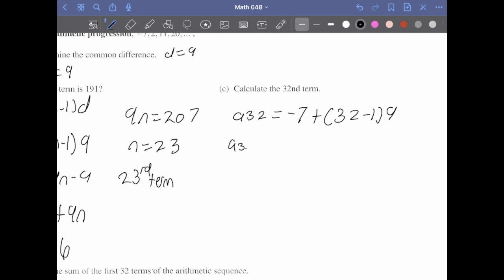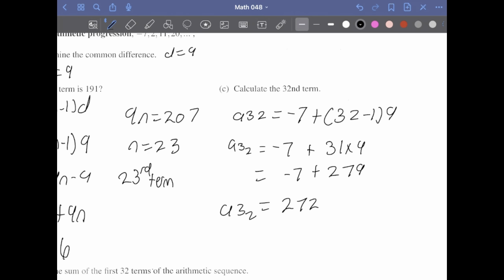That's equal to negative 7 plus 32 minus 1, which is 31 times 9. 31 times 9 is 279, so that's equal to 272. So the 32nd term is equal to 272.